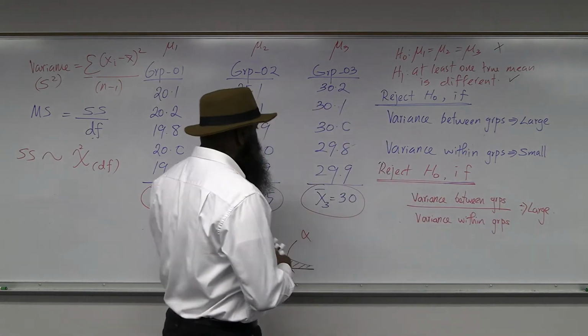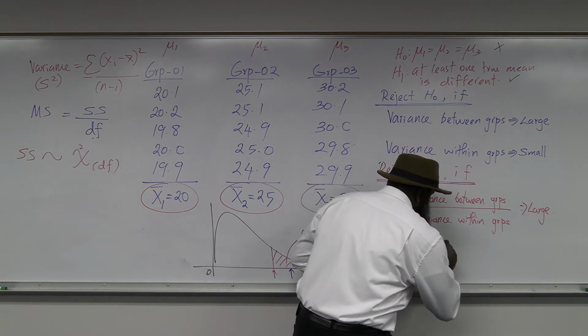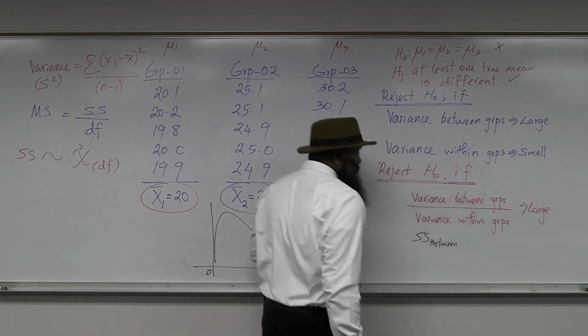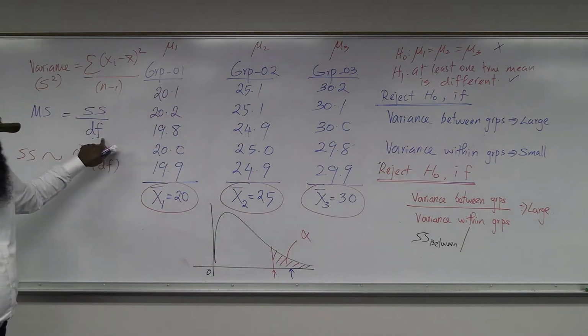Variance between groups can be written as sums of squares between groups divided by degrees of freedom between groups.